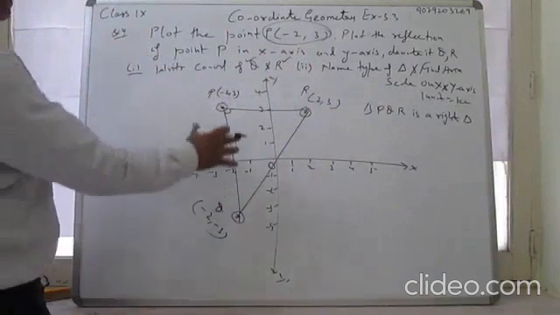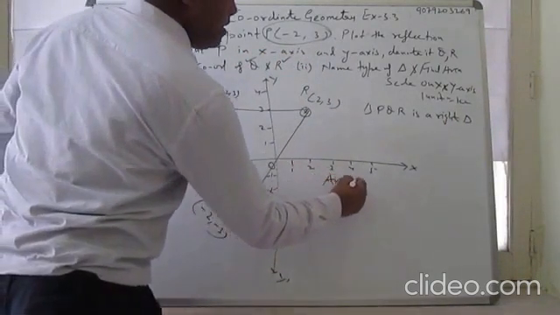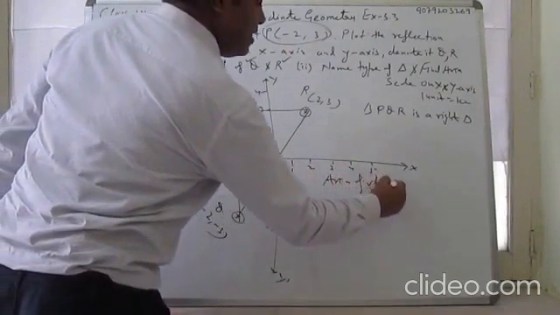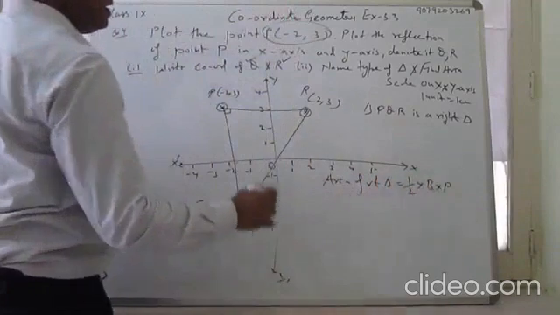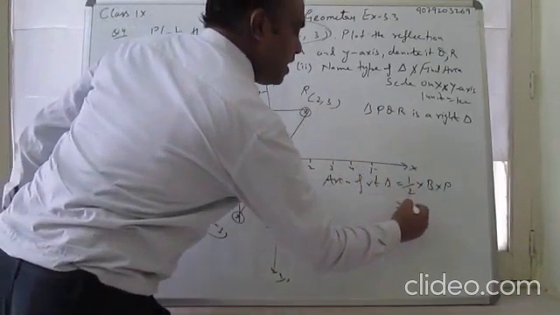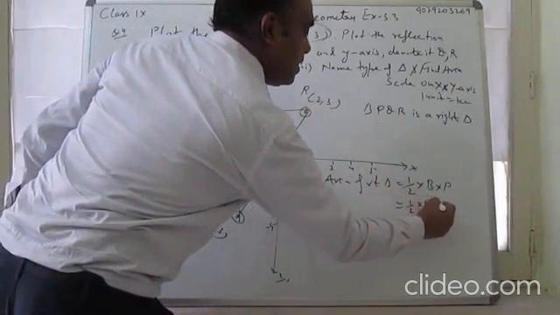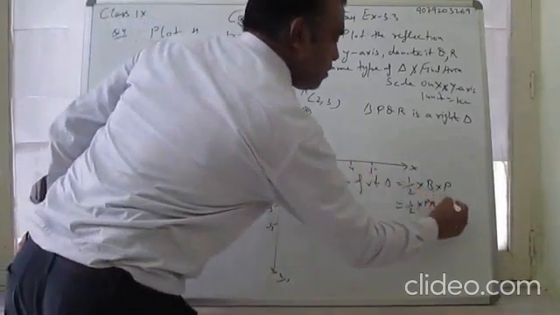Now it is a right triangle, and the area of a right triangle is half into base into perpendicular. PR is the base, and PQ is the perpendicular.